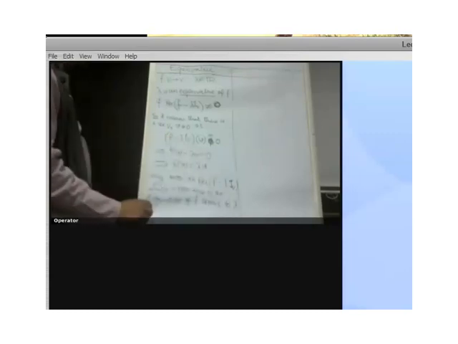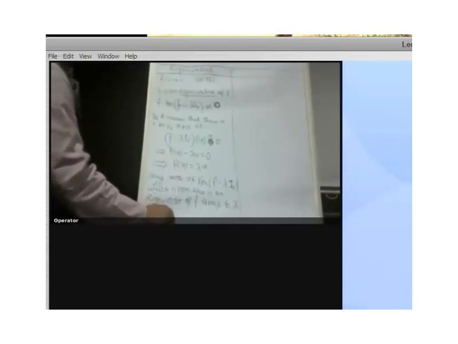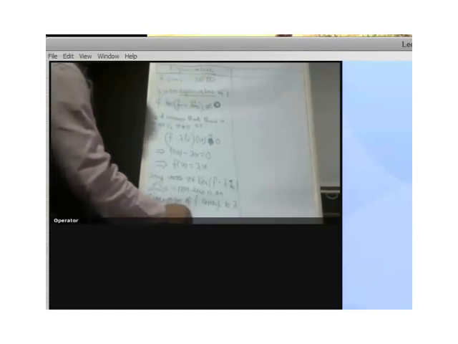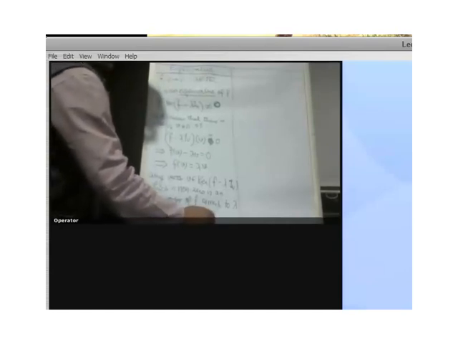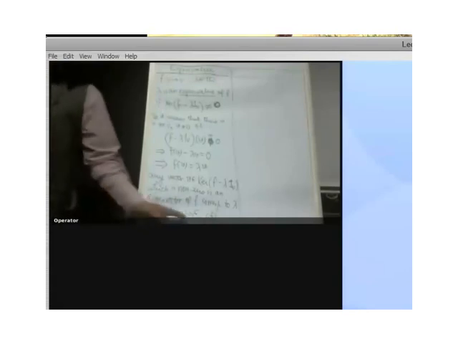And another name for that is the eigenspace of lambda. Another symbol for this is the eigenspace, E of lambda, like this.